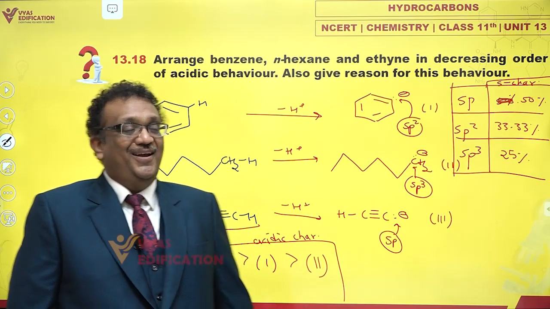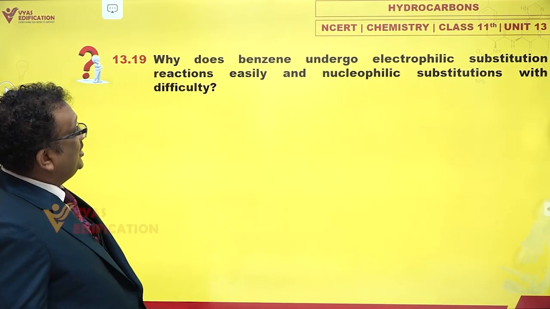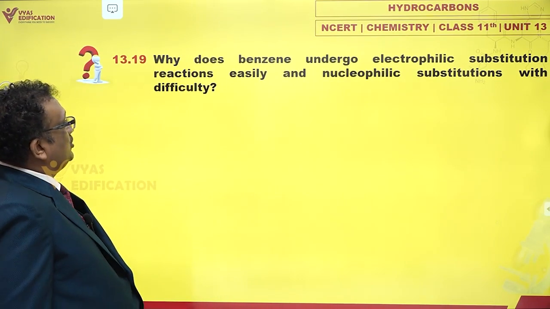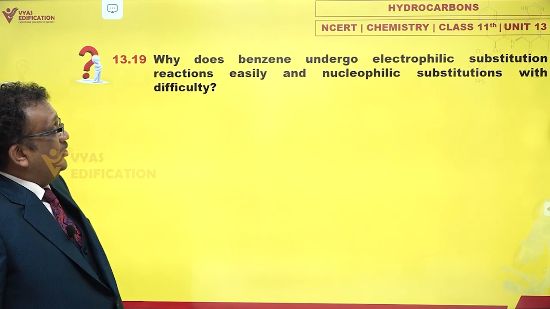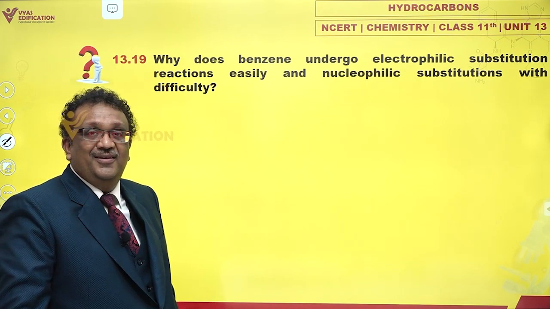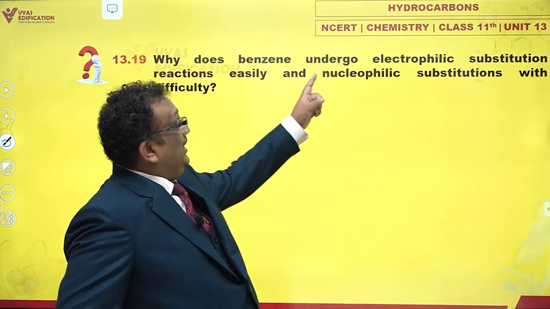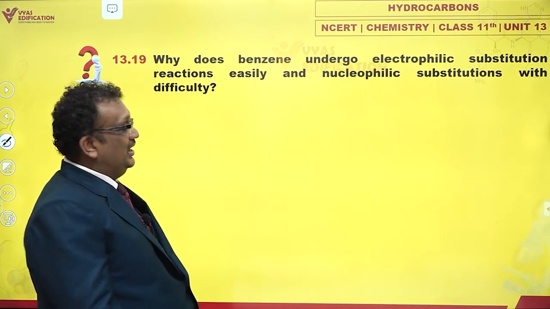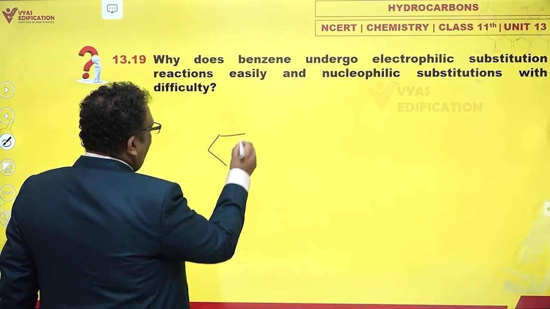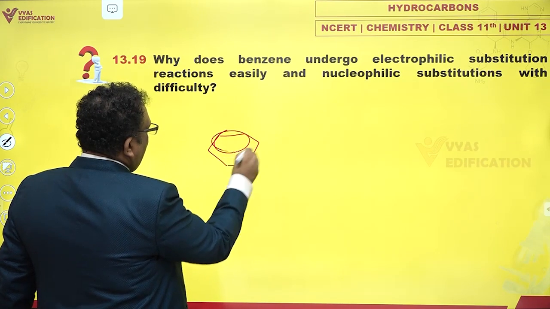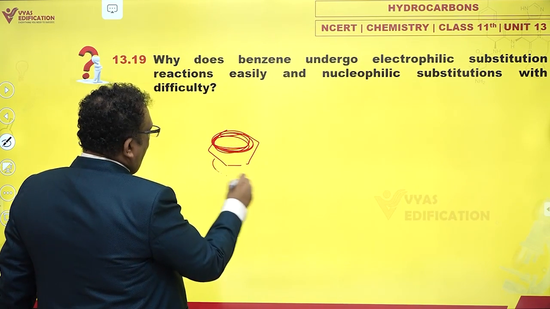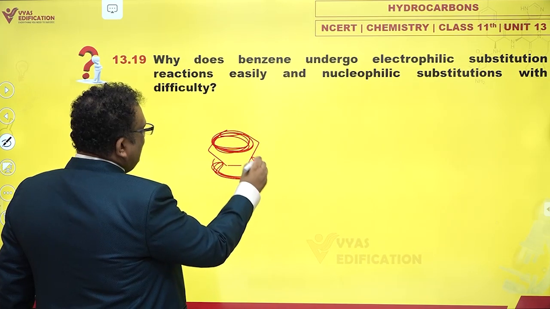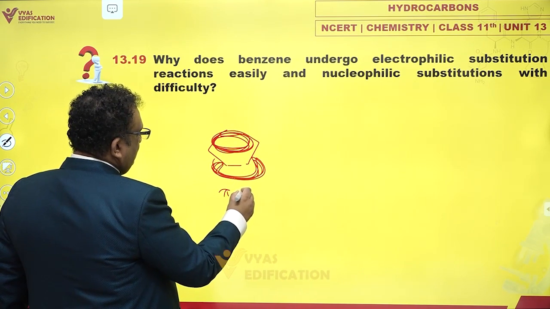Why does benzene undergo electrophilic substitution reactions easily and nucleophilic substitutions with difficulty? There are 2 portions in this question. First of all, electrophilic substitution easily. Electrophilic means electron loving, and the benzene ring contains above itself and below itself a very nice pi electron cloud.